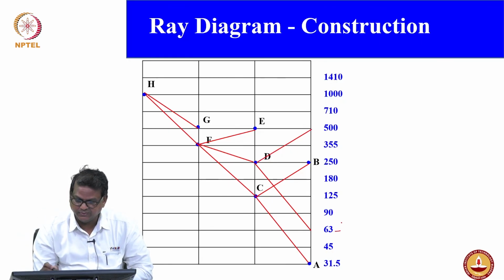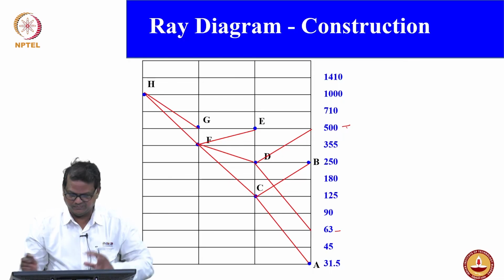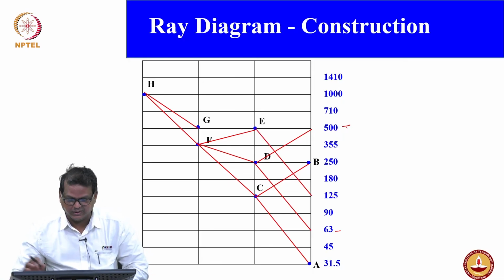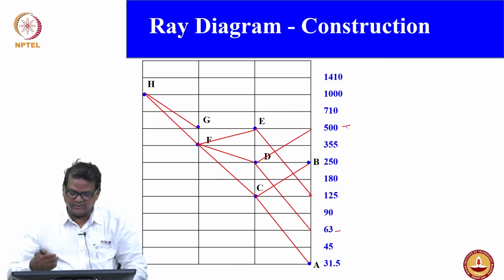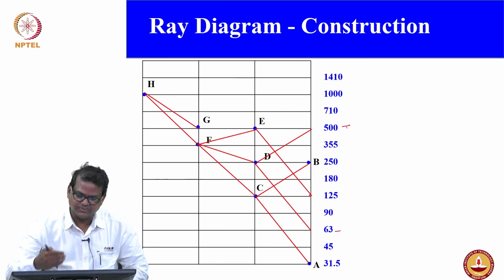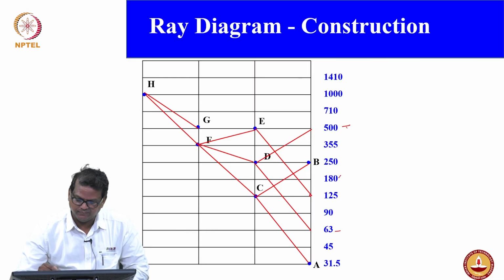You can see that from 63 to 500: 90, 125, 180, 250, 355, 500, which is 6 steps away. Similarly, for E also, 125 is my output speed. The next speed would be 6 steps away: 180, 250, 355, 500, 710 and 1000.